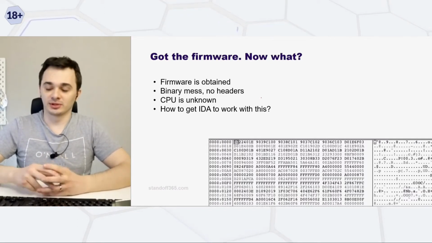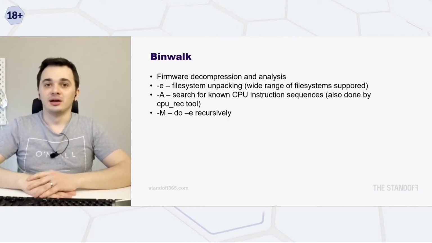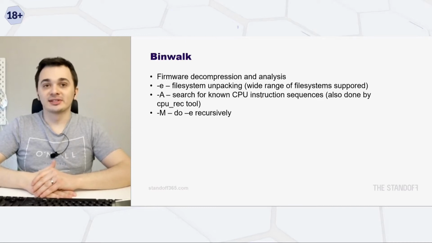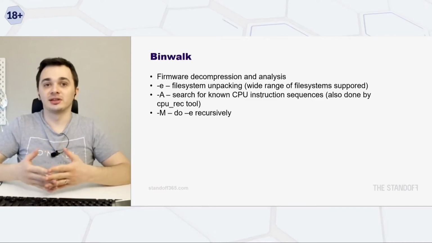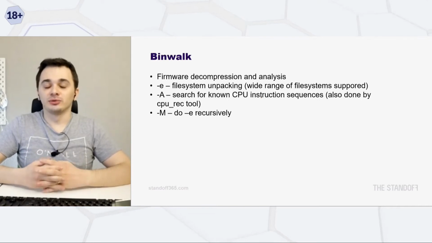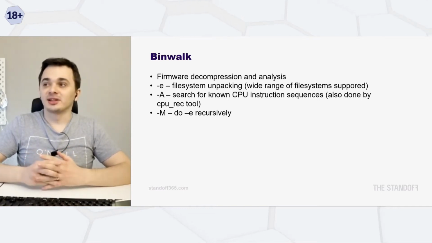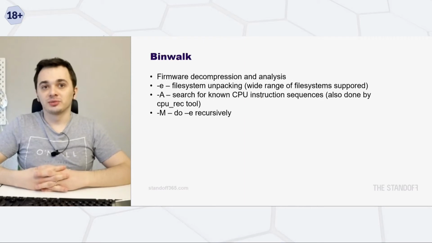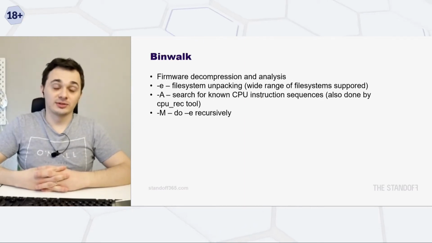So how do we upload this code into IDA, and how do we start using it? Here, just like elsewhere where we analyze the firmware, Binwalk can come in handy. Binwalk is a utility that has been around for quite some time, and it's very good for decompression and analysis purposes.